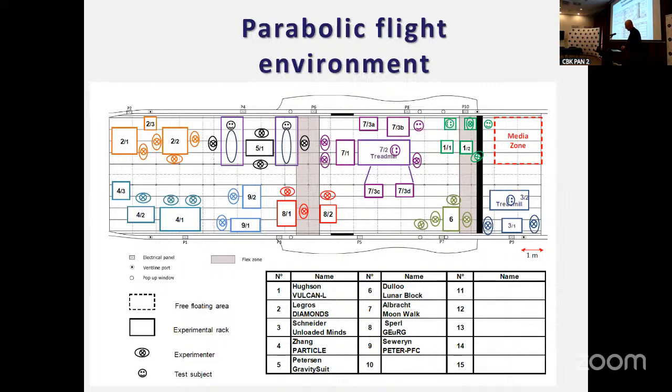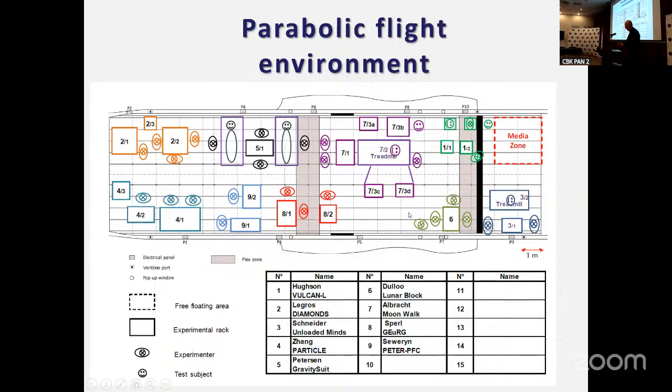As you see, the envelope of the airplane is provided here. In the end, we were in a slightly different place, so it was updated at the last moment: our experiment was done closer to point number 6.